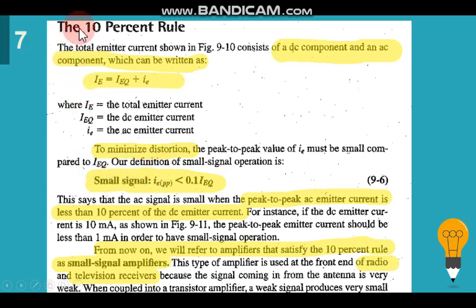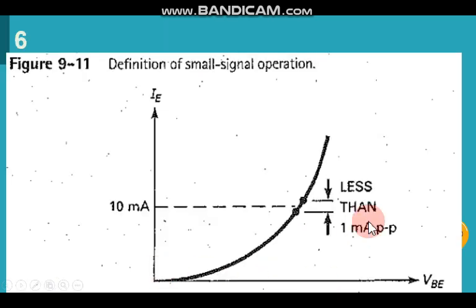How much small? So we consider a 10% rule. So the AC value should be 10% of the DC value. So ie peak to peak should be less than 0.1 of IEQ. So if the value of IEQ is 10 milliampere, then we will consider this peak to peak value is only 1 milliampere. From now onwards, we will refer to the amplifiers that satisfy the 10% rule as small signal amplifiers, and they are available in radio and television receivers.